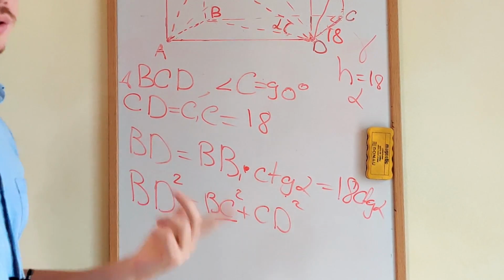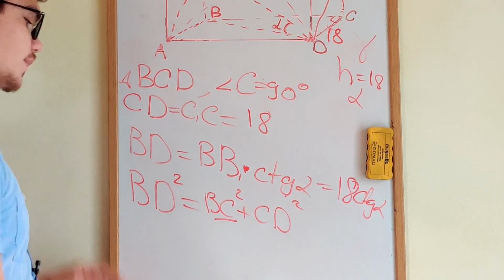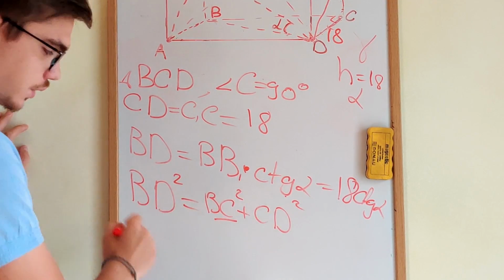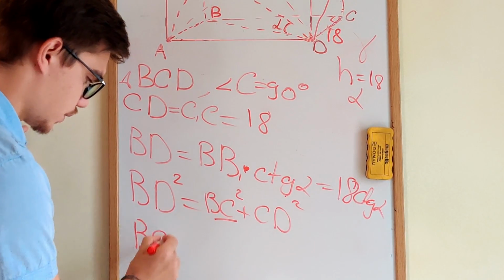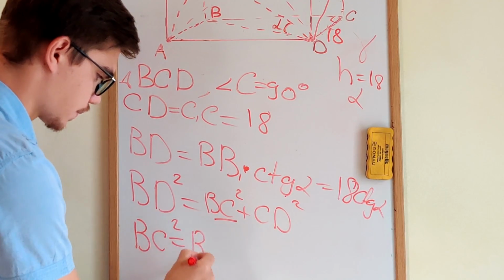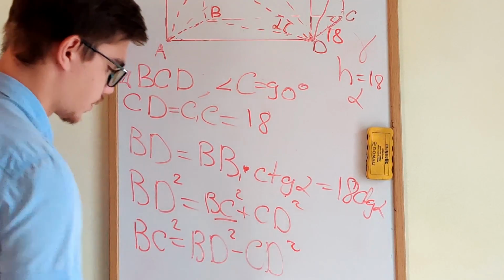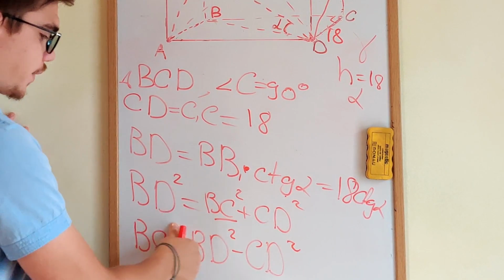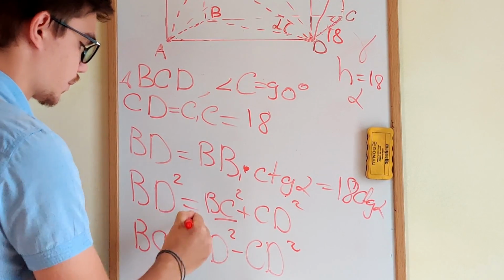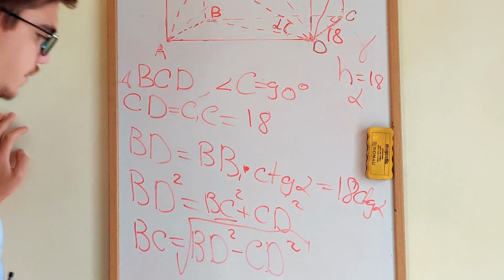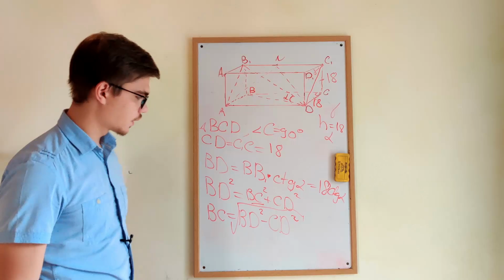The other two are given, we found them. To do this, I just rearrange to get BC squared is equal to BD squared minus CD squared. And now take the square root on both sides. Here, the square root and the square cancel out, and we get this.